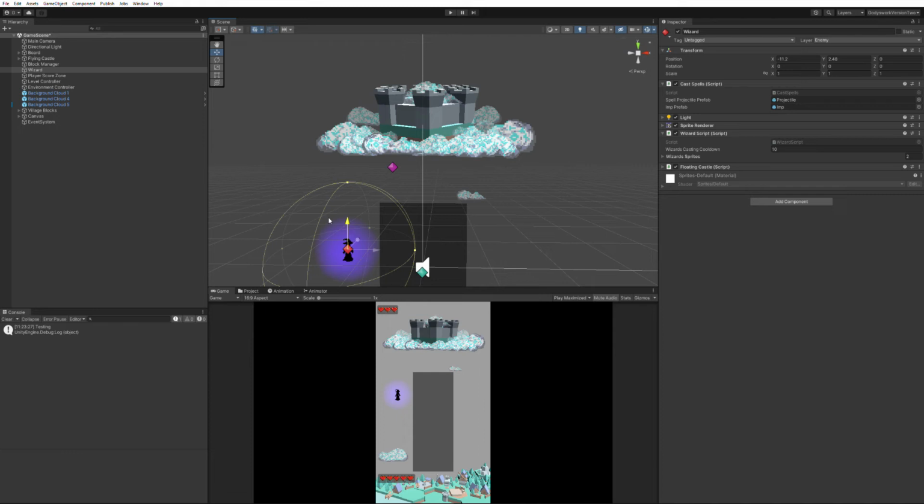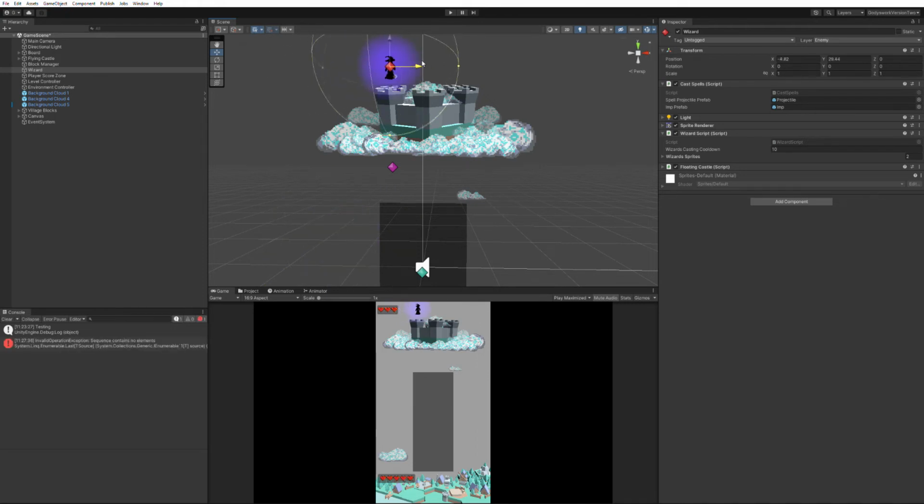That would mitigate a little bit the amount of frustration caused by recent blocks being destroyed. This is a problem that very often occurs.